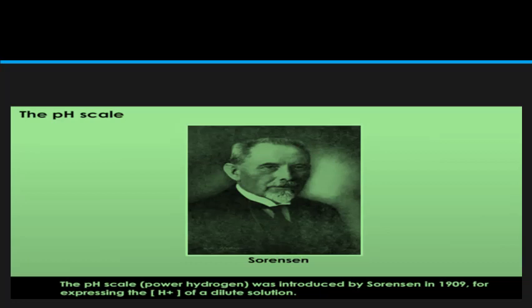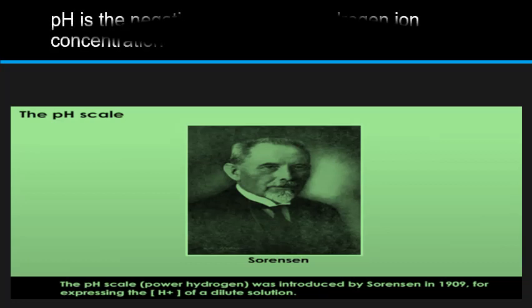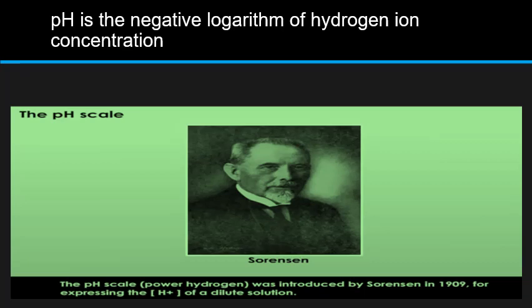Then what is this pH? It is actually the negative logarithm of hydrogen ion concentration. pH means power of the hydrogen ion, the negative logarithm of hydrogen ion concentration, which was introduced by Mr. Sorensen in 1909.